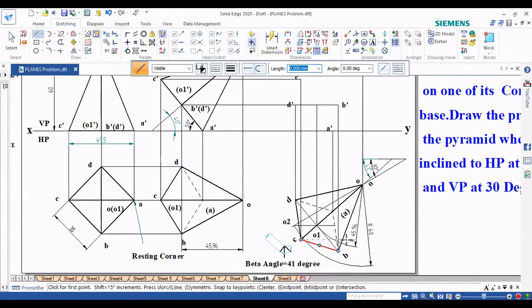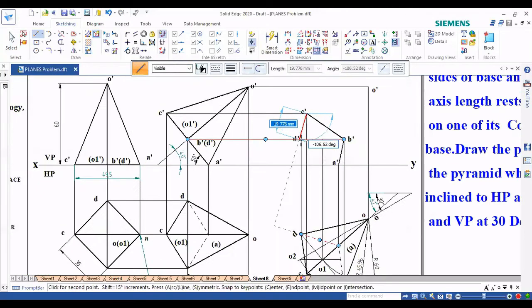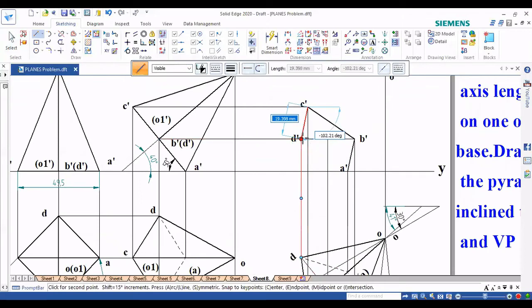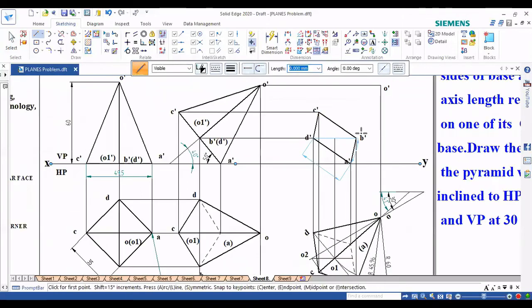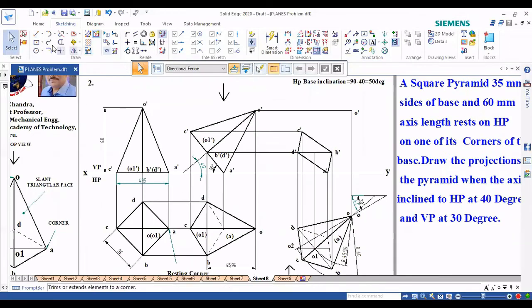So now for the observer, the base portion here is completely visible. That is A, B, C, D is clearly visible. So first I can join A dash, B dash, C dash, D dash without any confusion. So the base is visible. So first we shall join this base portion. This is done, right? Next, which are the visible edges?